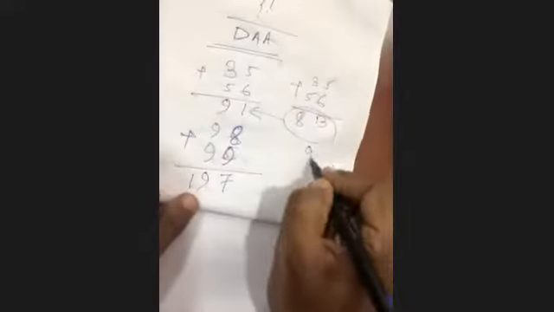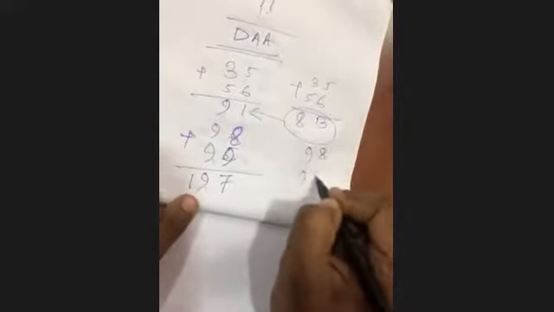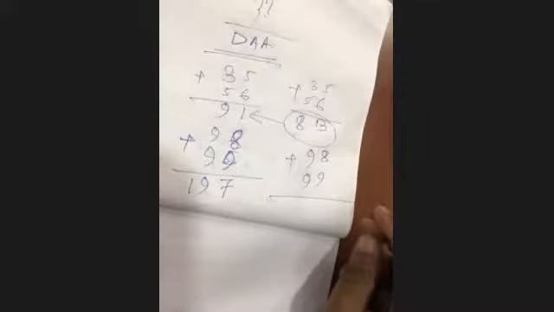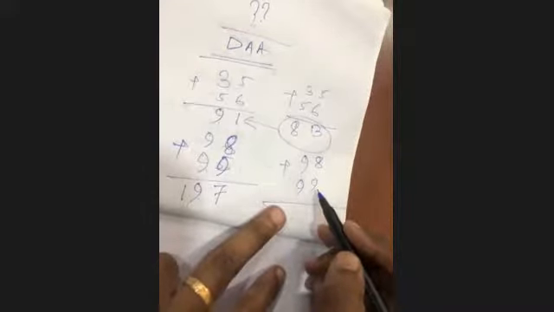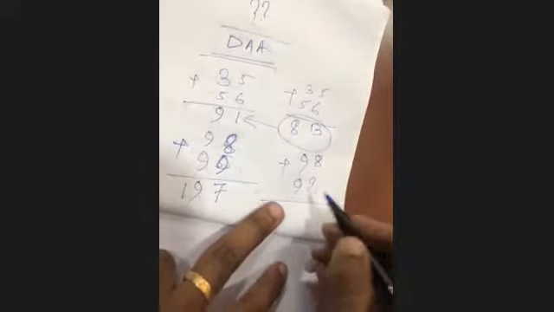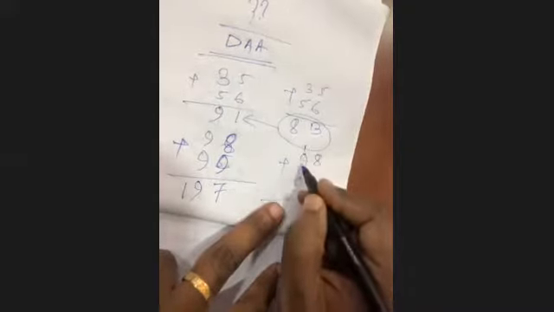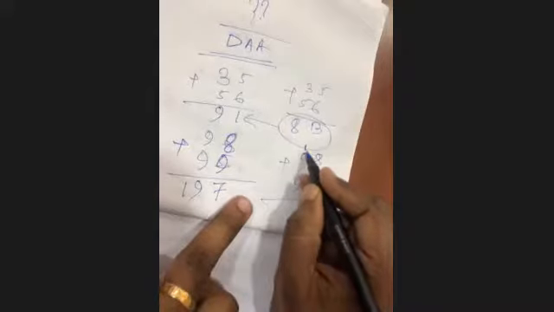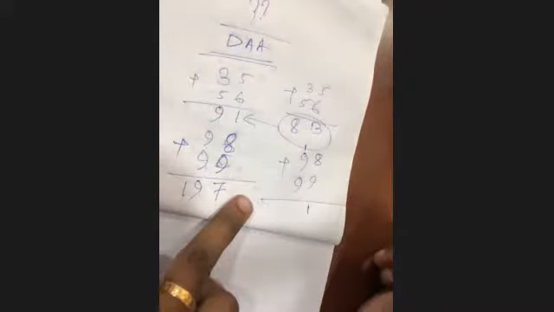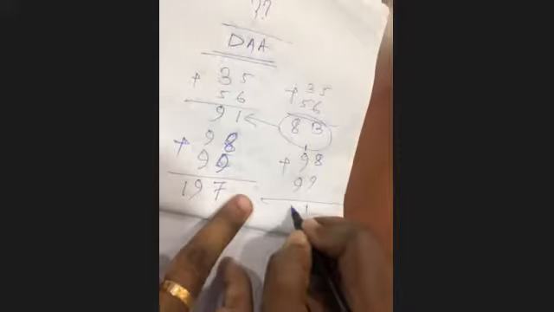Over here, it says 17. 17 means 16 subtract, so 1, carry 1. 9 plus 9 is 18 plus 1, 19. 16 subtract 3, 131. So how will this 131 be converted into 197?